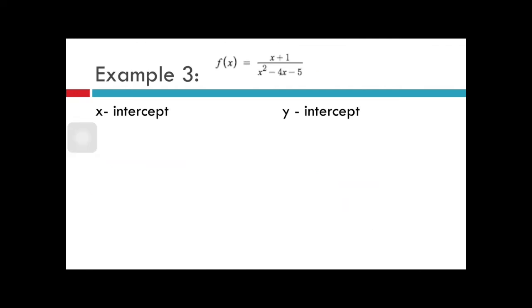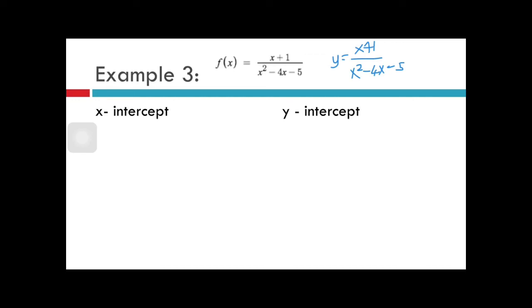Now we're going to example number 3 this time. The first thing that we need to do is to set our function in the form y equals x plus 1 over x squared minus 4x minus 5. If we're dealing with complex rational functions, the first thing that we need to do is to simplify if we can.